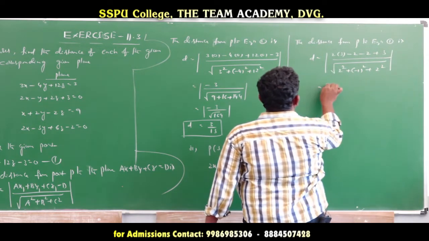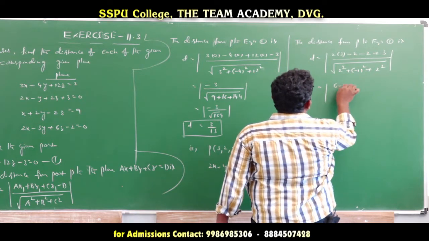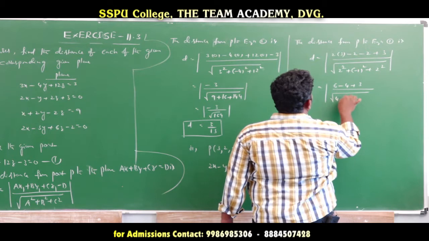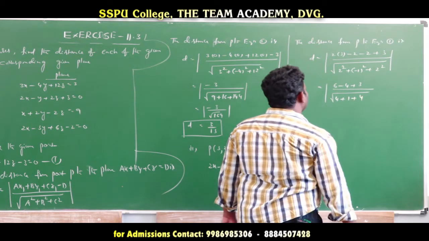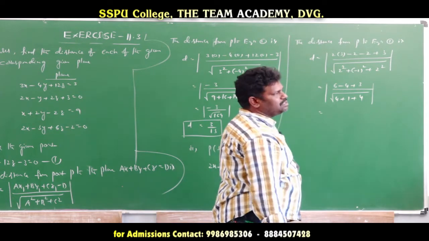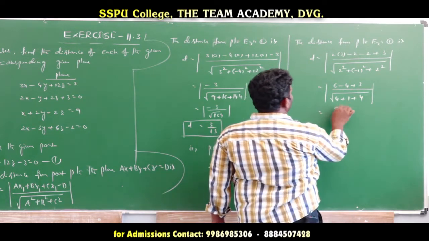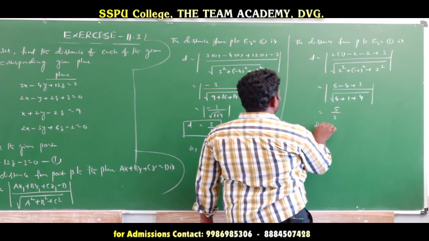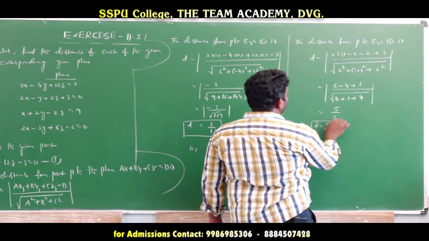That is 6 minus 4 plus 3, divided by the square root of 4 plus 1 plus 4, which is 9. The numerator is 5, and the square root of 9 is 3. So d is equal to 5 by 3 units.